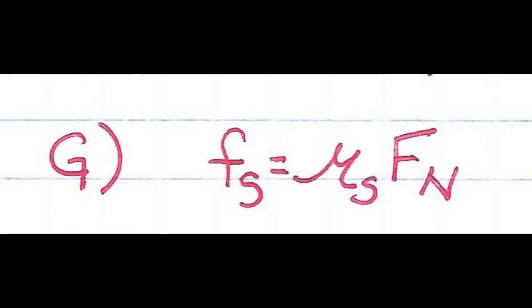Write the equation for the forces in the x direction. Well, we know those forces. What is Fs equal to? Mu s multiplied by force normal. Okay, so the next thing we need to know is, what is force normal? We know this.